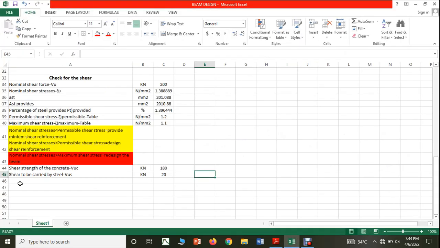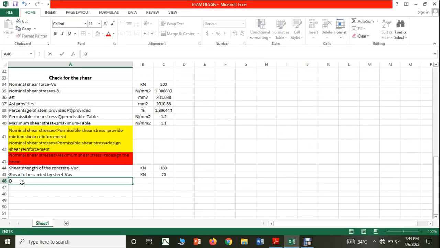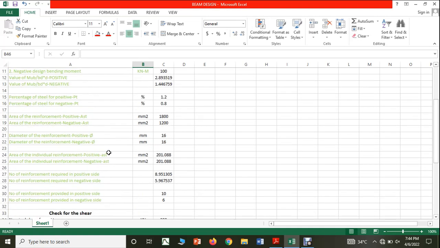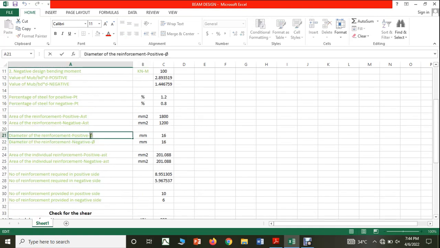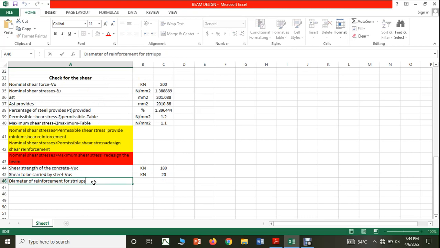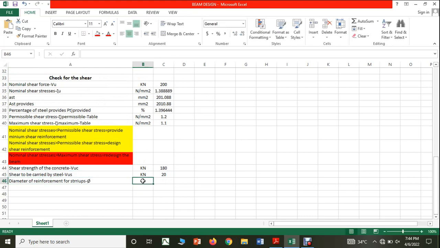So I am supposed to write the diameter of the reinforcement for stirrups. The diameter will be in mm, so let me take it as 10.